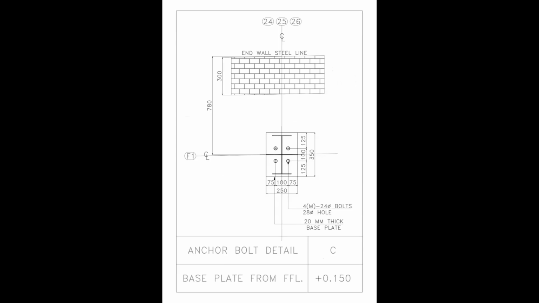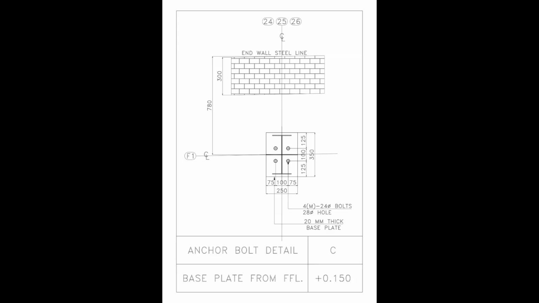This is anchor bolt detail C. The base plate shown here is 250 by 350 millimeters, with 4 M24 bolts and 28 millimeter diameter holes. The bolt center spacing and edge distances are clearly dimensioned. An important difference in this detail is its elevation.